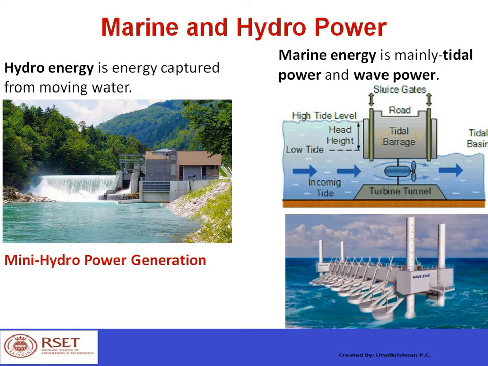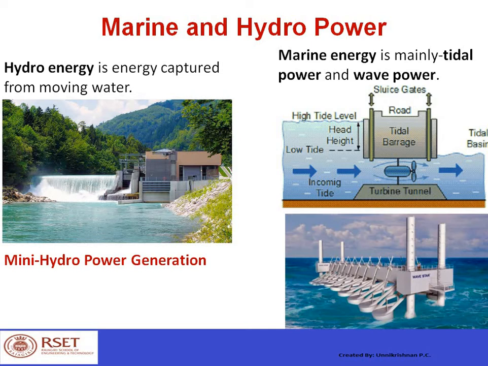Marine and hydropower. Hydroelectricity is very common in Kerala. You might have heard about a lot of hydro power generators in Kerala. The water stored in the dam is used to rotate a turbine, and this turbine is coupled with a generator to produce electricity.